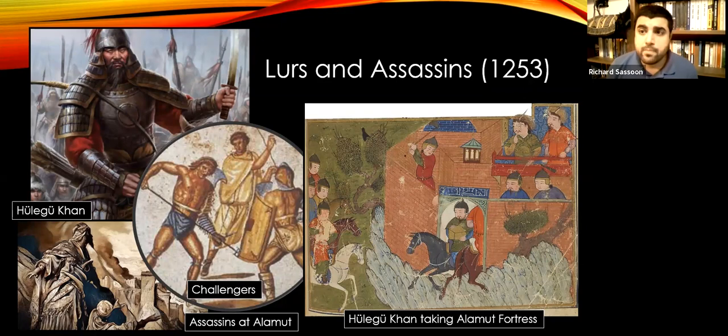The second group that they had to fight were the Assassins. And the Assassins, as we pointed out in our previous lecture, had resisted numerous attempts to take them down. On the Syrian side, you had campaigns like Saladin's to take them down. On the Persian side, you had campaigns from Nizam al-Mulk, Malik Shah, the Khwarezm Shah. All these groups could not take down the Assassins, but Hülegü Khan had 10 tumens.